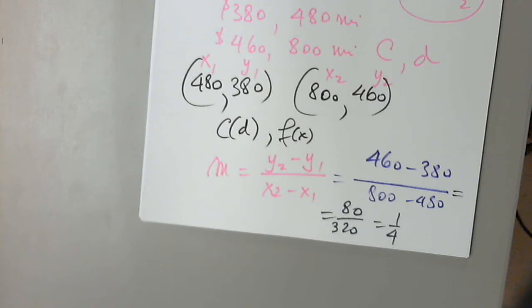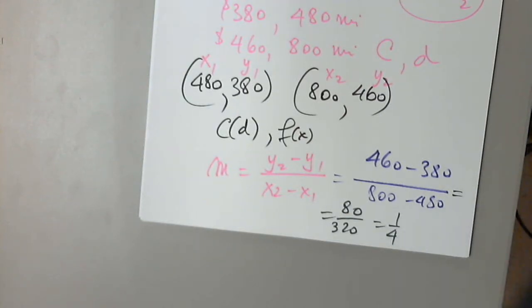The height of a person depends on the age, let's say from 0 to 10 years old. It's not the age that depends on height. Does that make sense? Okay, 1/4, we simplified it.